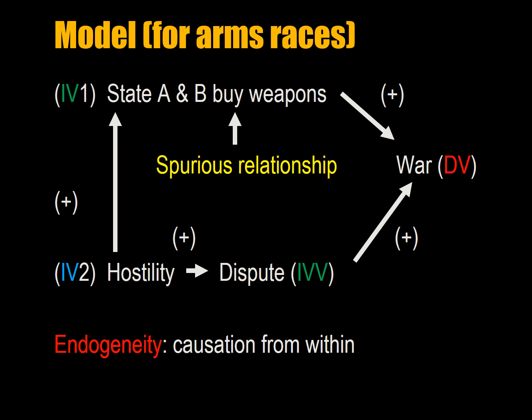So we have causation within the model, and it's not true that it's coming from what we originally attributed to be the independent variable 1, right? So endogeneity is when a cause is also an outcome of the process being examined. For example, arms races may be a cause of war, but they may also be the result of interstate hostility. So let's see different ways of controlling for other variables in a much more precise fashion.